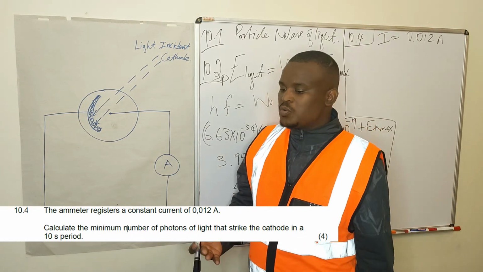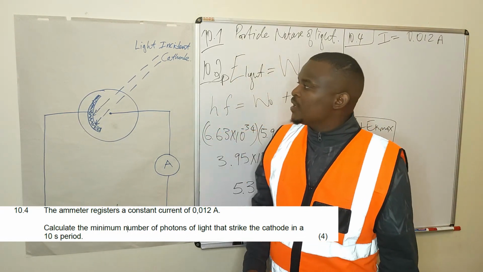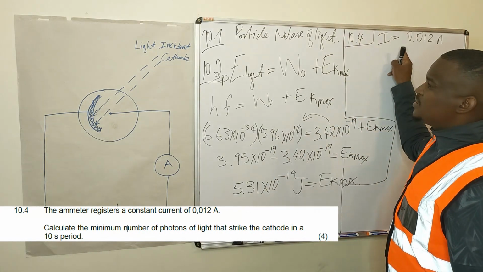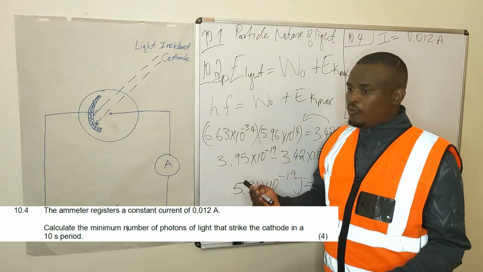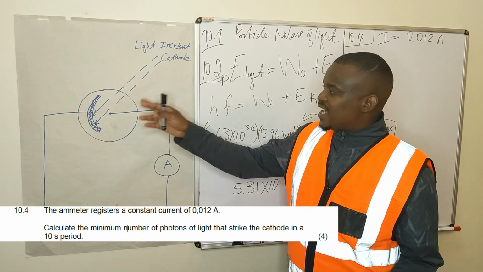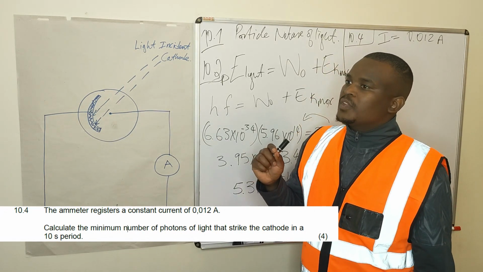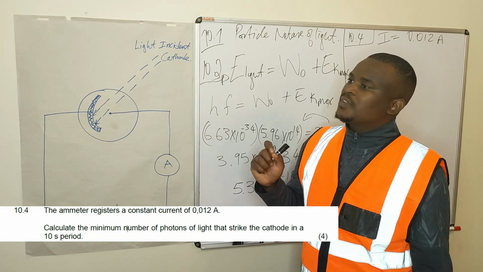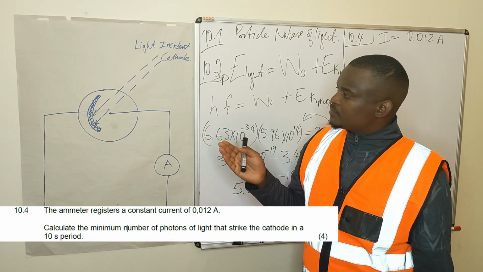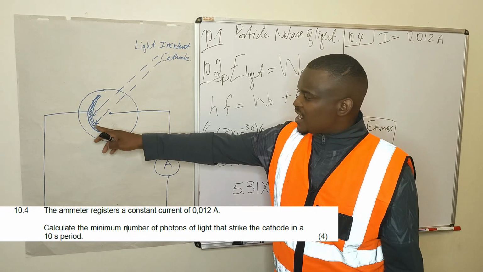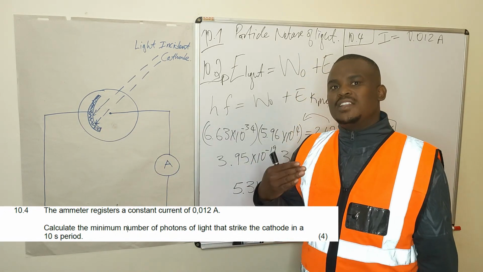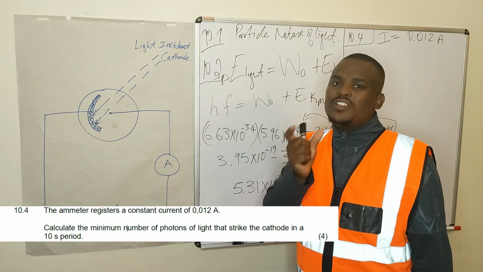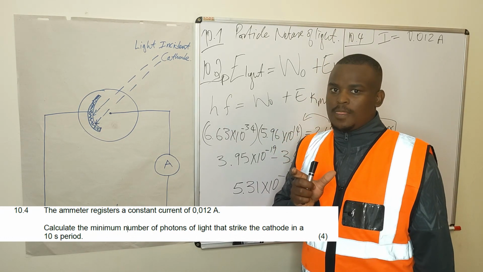So what you need to understand here is, if you are told that you have this current, and they want the number of photons that strike the cathode, in order to find how many photons have struck the cathode, we must calculate the number of ejected electrons in that 10-second period.